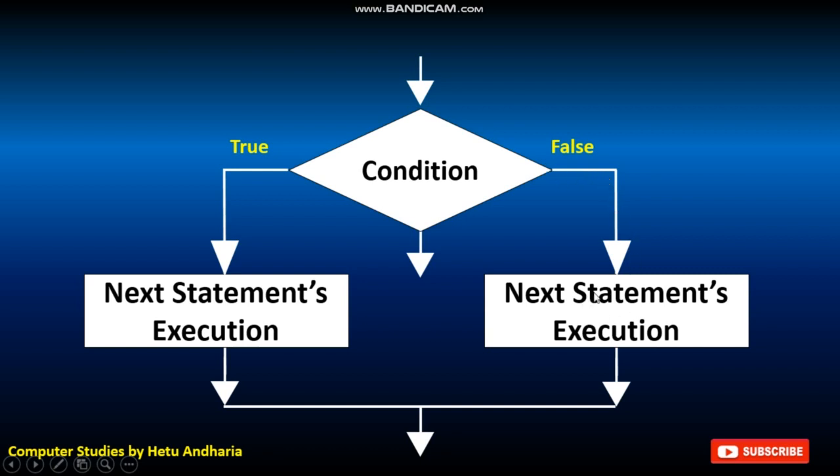So here you can type pass. This arrow I have drawn by mistake, don't consider this arrow. Like this, you can show both the true part and the false part. If the condition becomes true, what is written here will be the output, and if the condition becomes false, what is written here will be the output, and finally the program will come to an end.